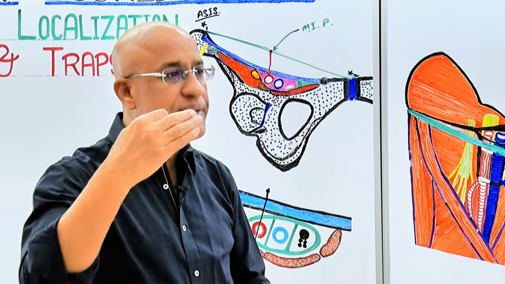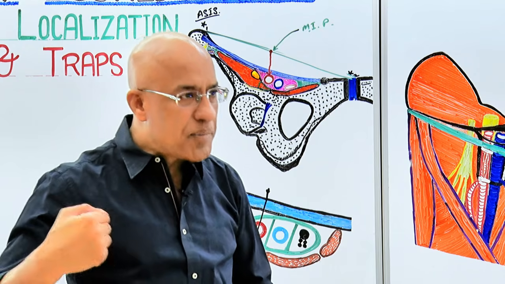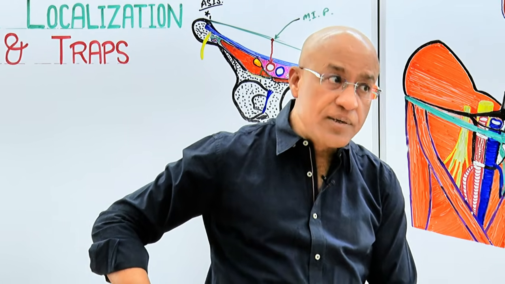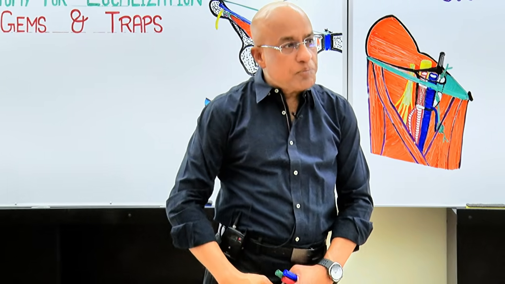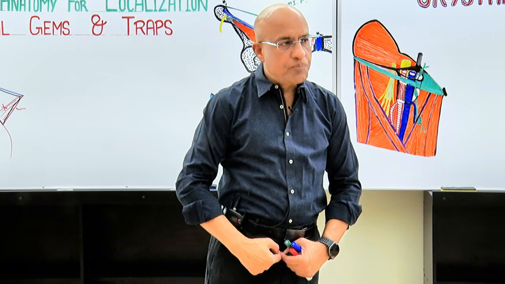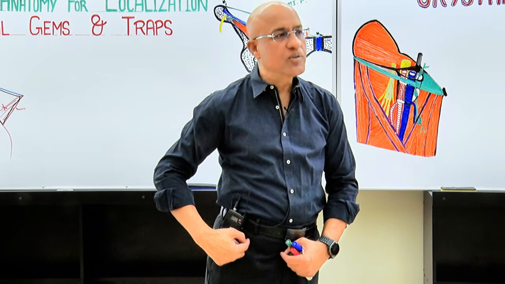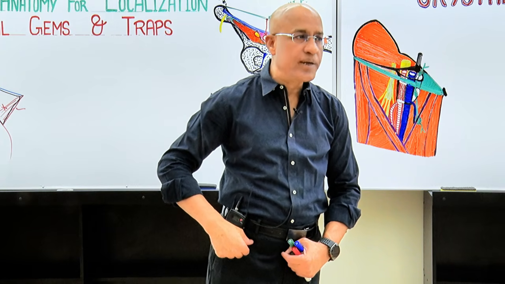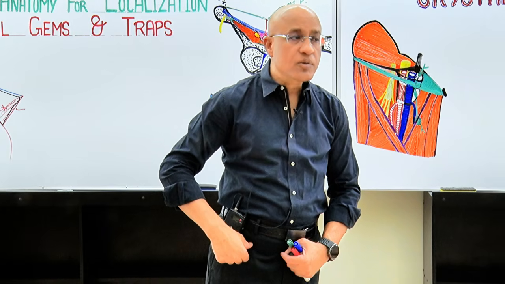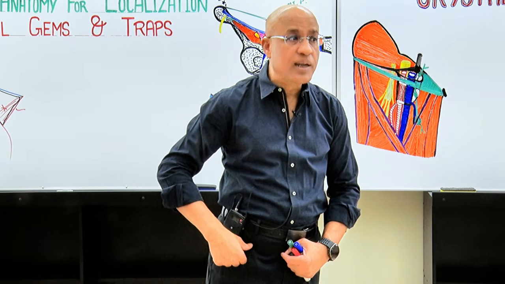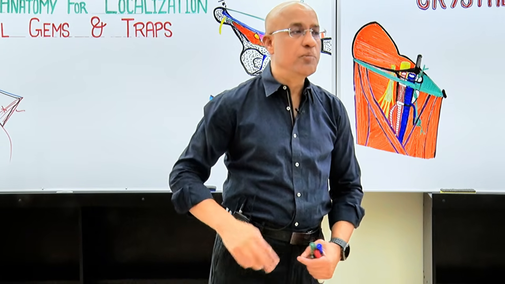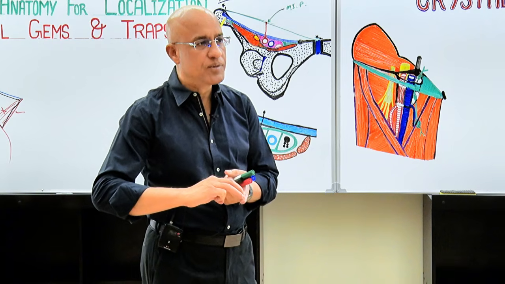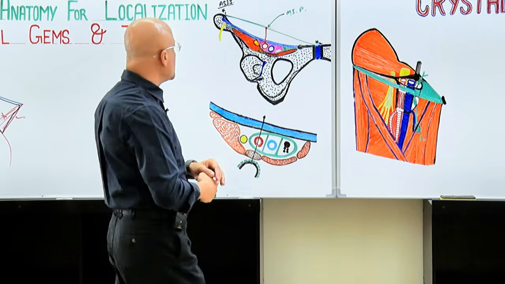The mid-inguinal point is in the center of the imaginary line which you can imagine extending laterally from the anterior superior iliac spine and medially to the pubic symphysis, and the center of that is the mid-inguinal point. This is a very important point, because if you can locate this point, just below the inguinal ligament, if you compress, you should be able to find the femoral artery pulsations. Is it clear? This is how you localize.